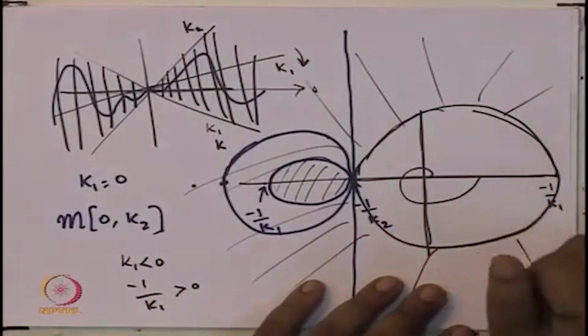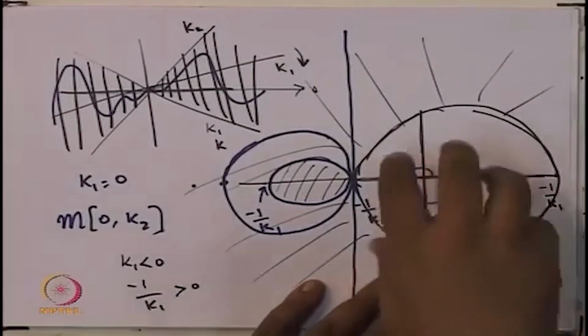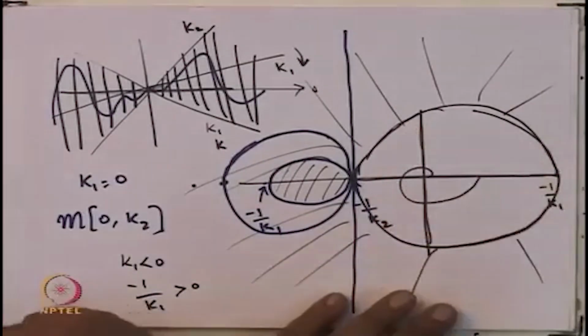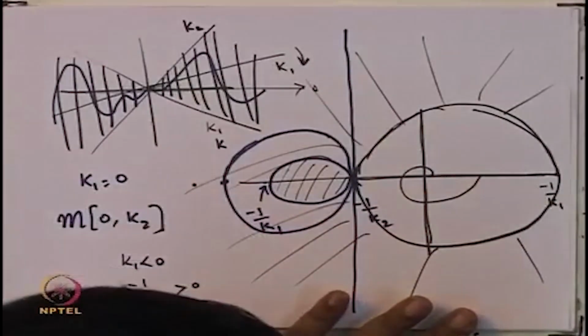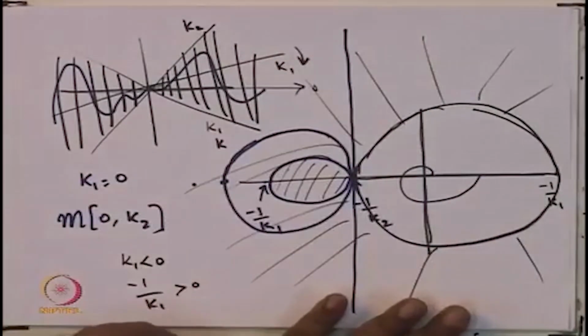Now, one way to think of this is in the following way. Suppose you have the complex plane.